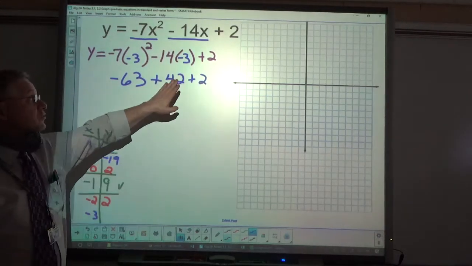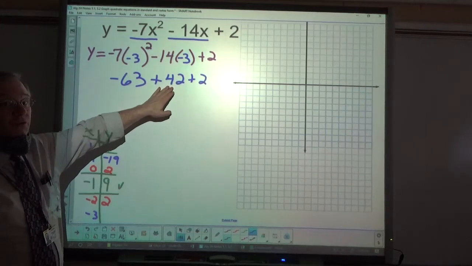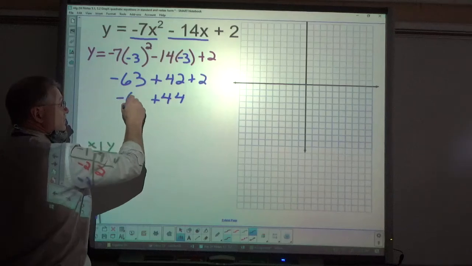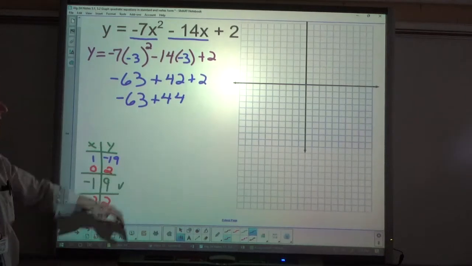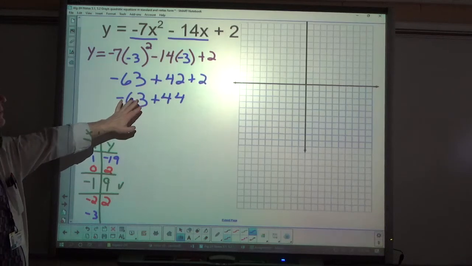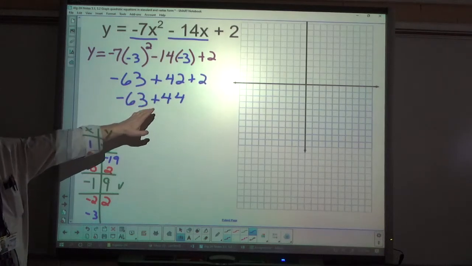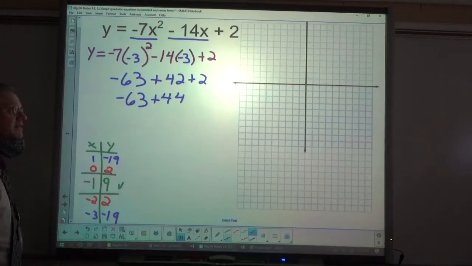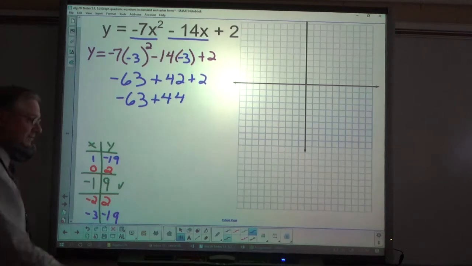Well, 42 plus 2 would be 44. If this was 64, that would differ by 20, but it's 63, so it only differs by 19, and the bigger number is negative, so negative 19. Sure enough, they came out the same, and that's what we want.